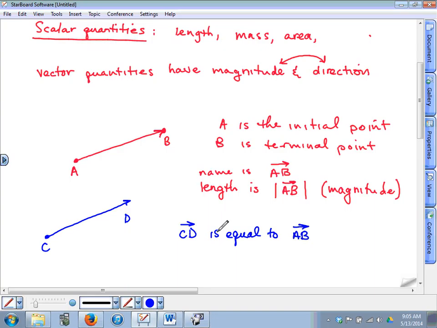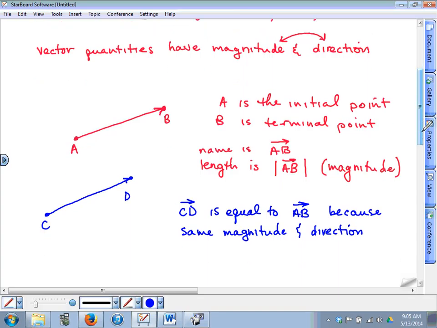So vector CD is equal to vector AB because of the same magnitude and direction. They're parallel, but they're both going in the same direction. So is that arrow? Yeah, that just shows you the direction. It doesn't mean that the vector goes on forever, because a vector has a magnitude or a length.